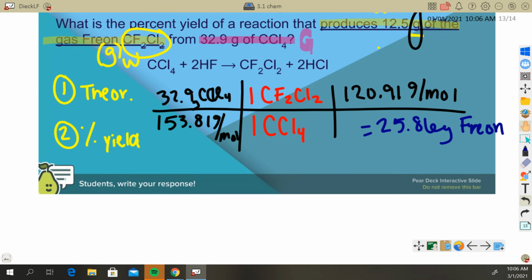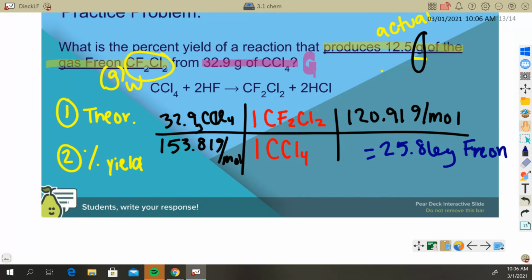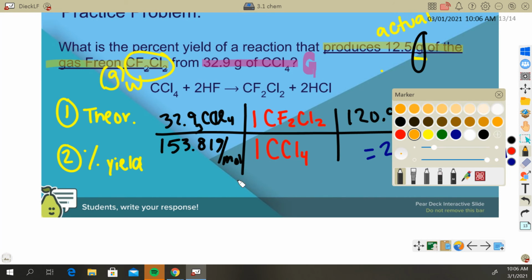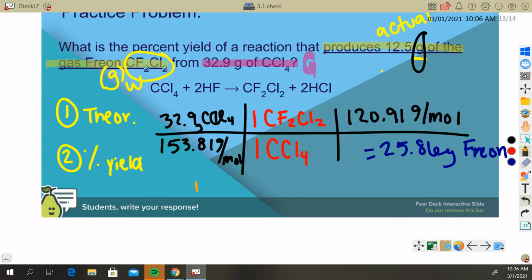Now that you have your theoretical yield, I want you guys to try to calculate your percent yield. So this is your theoretical, this is your actual. So take a second to calculate your percent yield. When calculating our percent yield, we take our actual, which is 12.5.